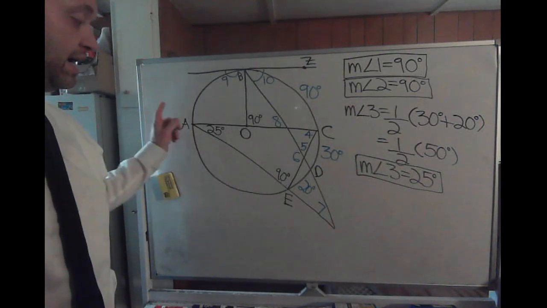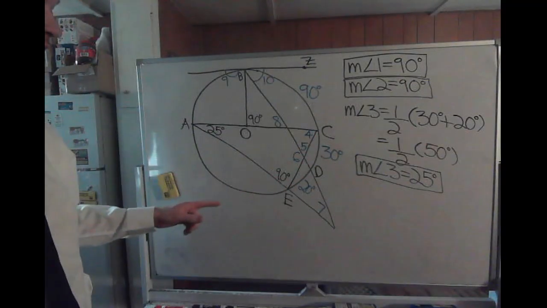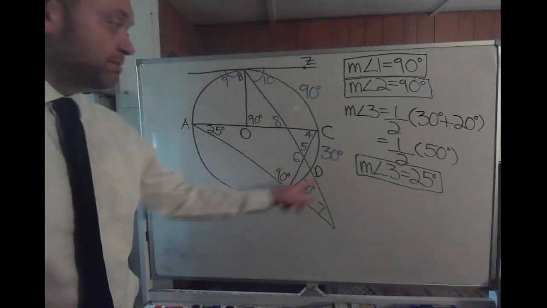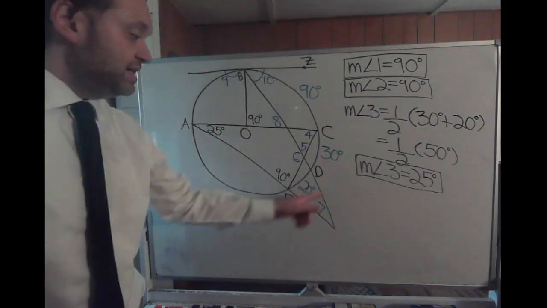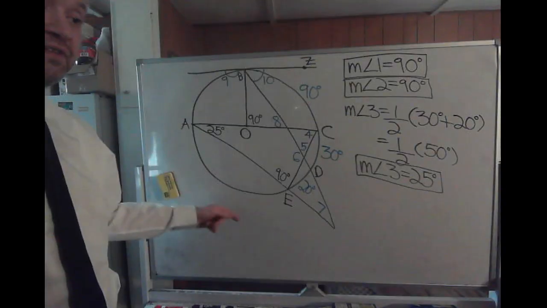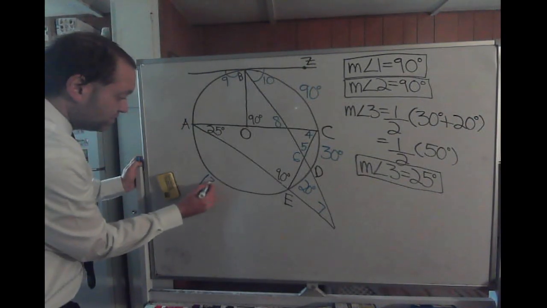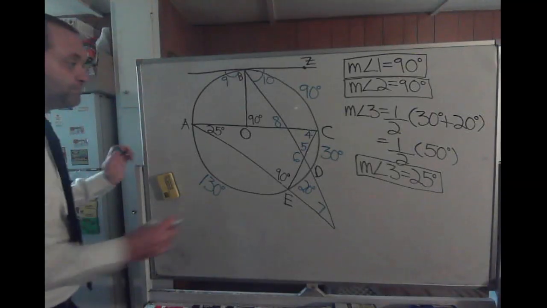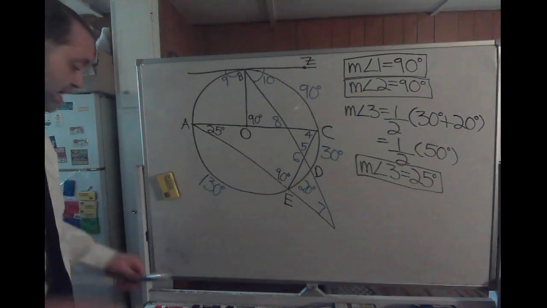Arc AC is equal to 180. It's equal to the sum of arcs CD, DE, and AE. Well, CD and DE together equals 50. So if you take 50 and subtract that from 180, you would get that arc AE equals 130 degrees.